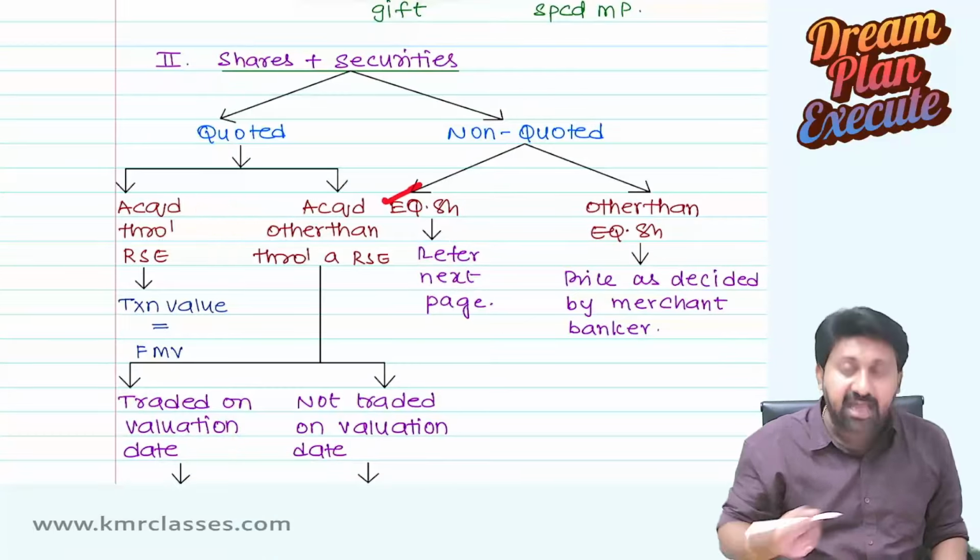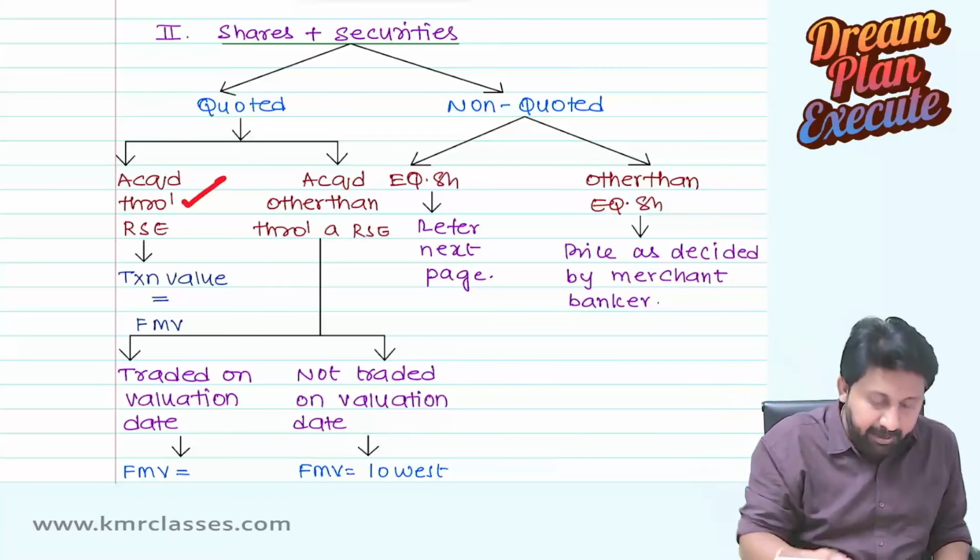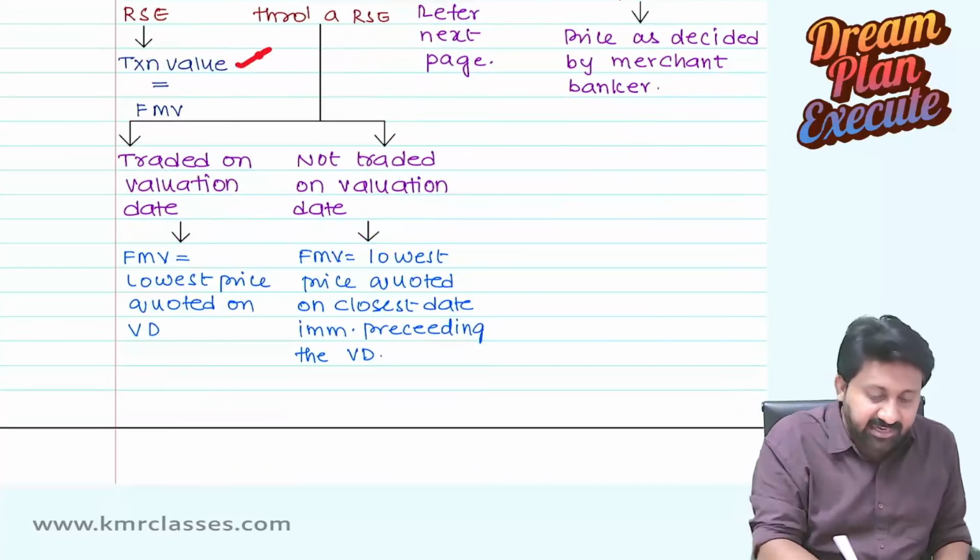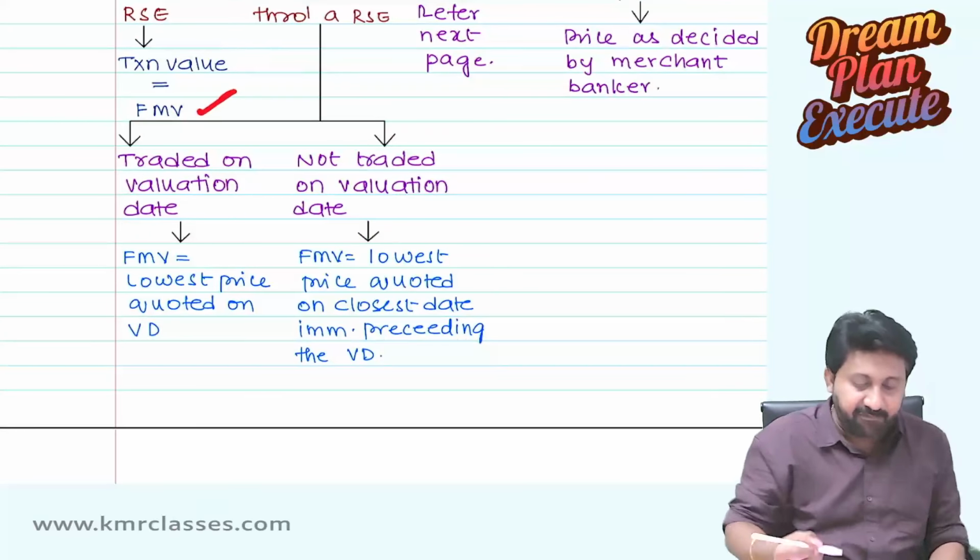Why, sir, other than a recognized stock exchange? If the purchase is made through a public offer directly from the company, I will take it from the company, not from the stock exchange. And second, promoters' shares are taken directly from the company, not through the stock exchange. Normally, you and me will buy through the RSE. If you buy through the stock exchange, then the transaction value will become the FMV. At what price you purchased it, that transaction value becomes your FMV.